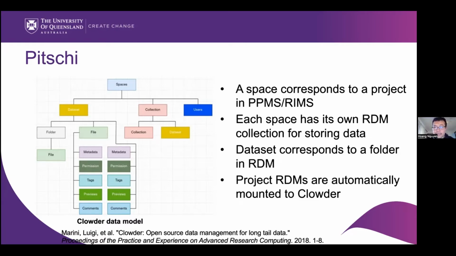Now in Pitschi, we map each space to a project in PPMS RIMS. Each space has its own RDM collection for storing data, and each dataset corresponds to a top folder in the RDM storage. The project RDMs are automatically mounted to Clouder when configured in the PPMS.